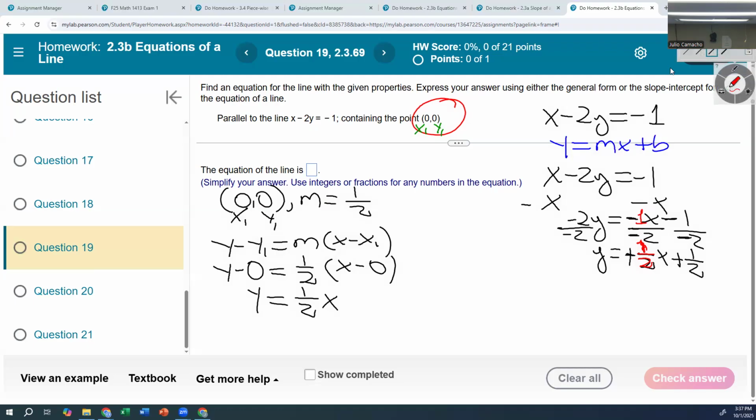So the slope of the second line is positive 1/2, and the slope of the first line was also positive 1/2. And that makes these two lines parallel. The y-intercept is different.